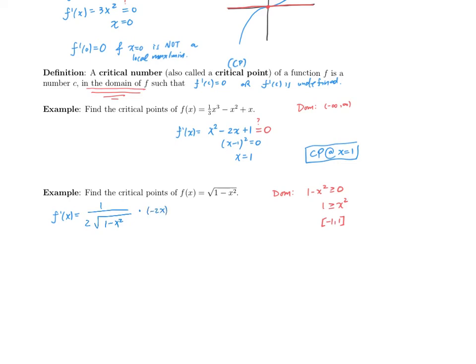So note in this case, the 2 in the top and the 2 in the bottom cancel, and we're left with minus x over the square root of 1 minus x squared. And to find the critical points, we take this expression, we set it equal to 0, and we solve for x. A fraction is equal to 0 precisely when the top is 0. So we end up with a critical point corresponding to x equals 0.